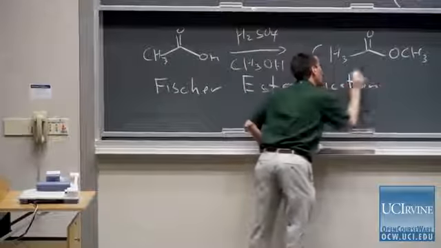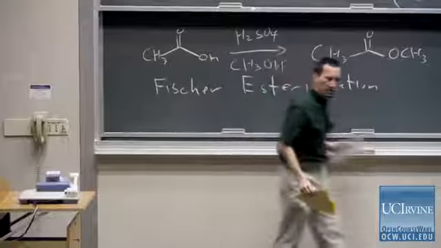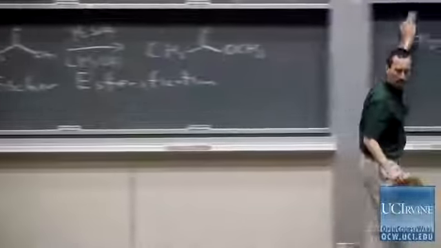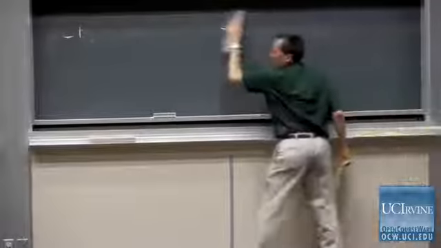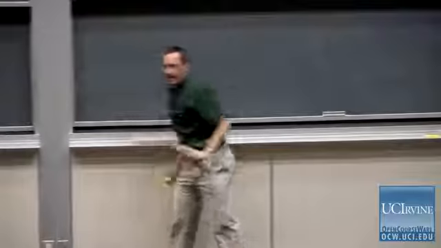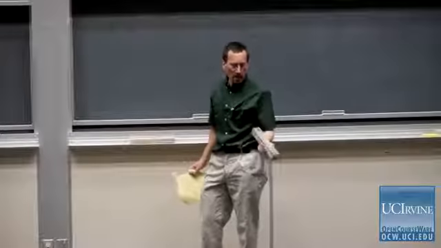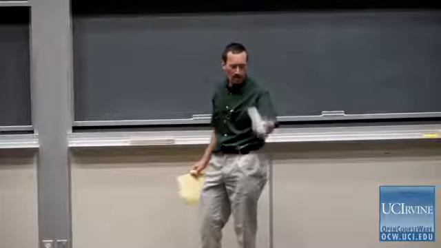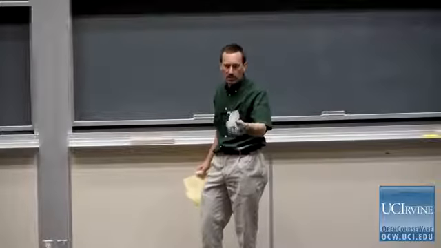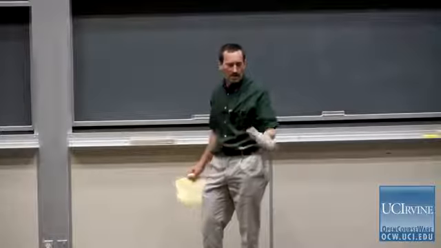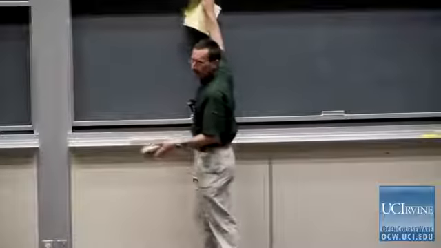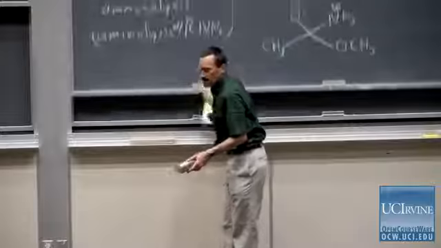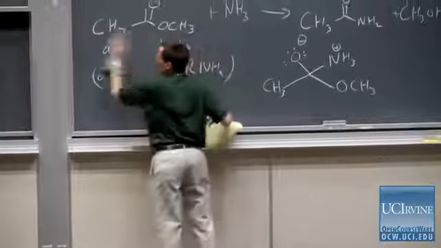Sometimes people will use sulfuric acid for the reaction. Sometimes they'll use another strong mineral acid like hydrochloric acid. Ironically, in the laboratory, if I want dry hydrochloric acid in methanol, not in water, so I don't want to go to a bottle in the stockroom and get HCl with water in it, one of the ways I'll get anhydrous HCl in methanol is to throw some acetyl chloride into my methanol.